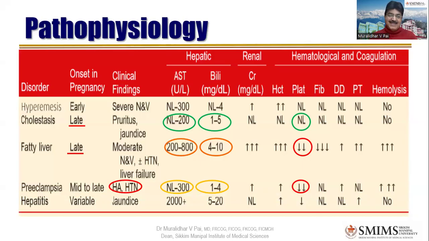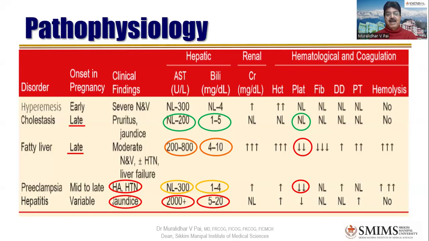the hepatitis, the infective one. That is variable in onset because hepatitis can be contracted anytime, early pregnancy, mid pregnancy, late pregnancy. So there is no specific onset. Jaundice is the main feature. And look at that, AST, ALT, 2000 plus.